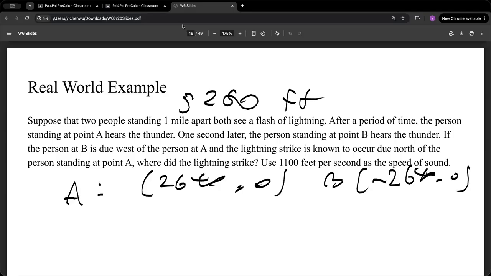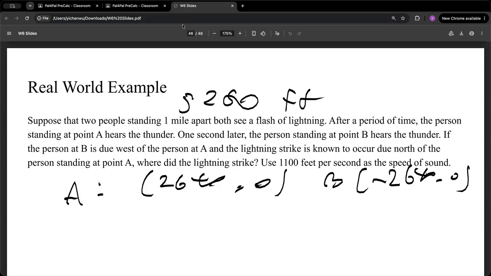Now this hyperbola with A and B as the foci and a difference of 1100 feet is the group of all points where the thunder can strike.